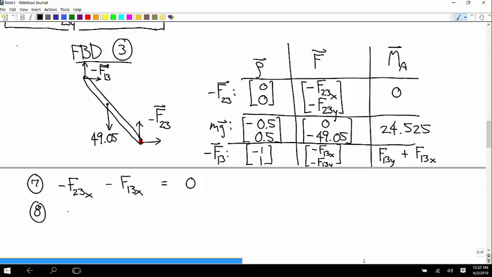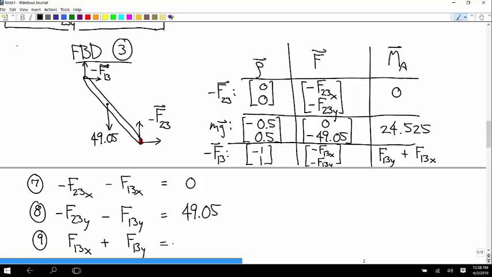Equation 8 says negative F23y minus F13y is equal to positive 49.05. And equation 9 says F13x plus F13y is equal to negative 24.525.